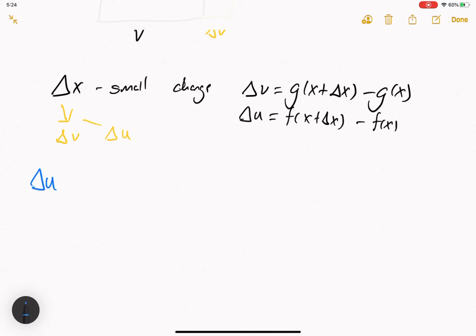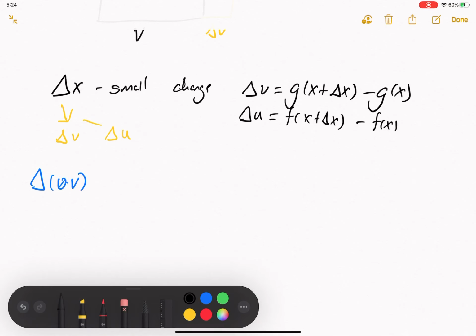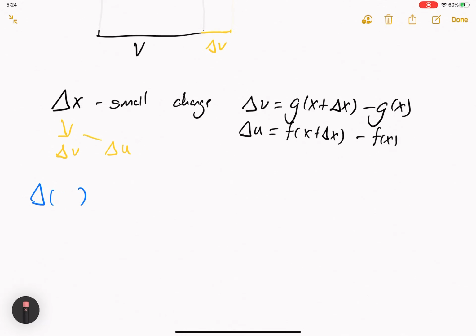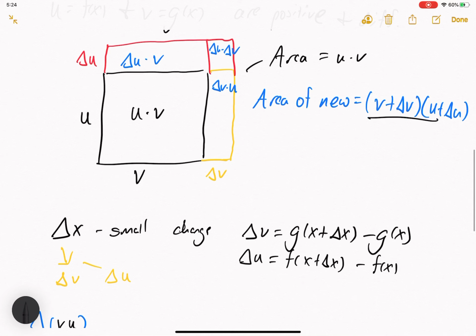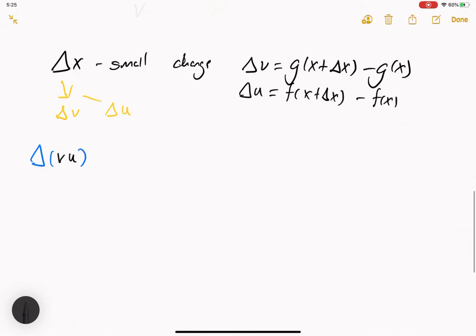So our delta uv, the change in our area, is going to be the new rectangle minus our old rectangle. So it'll be v plus delta v times u plus delta u minus u times v.